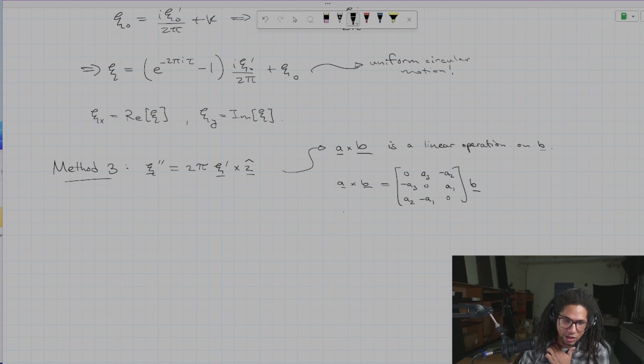All right, let's just really quickly do one double check that this works. So I know that x hat cross y hat is equal to z hat. So let's check that that works. So x hat is going to have a 1 for a1 and then a 0 for the other two. So I'm going to get 0, 0, 0, 0, 0, 1, 0, minus 1, 0. And then y hat is 0, 1, 0. And what's that going to be equal to? Well, in the first row, I'm going to get 0 since I have a 0 in this first row.